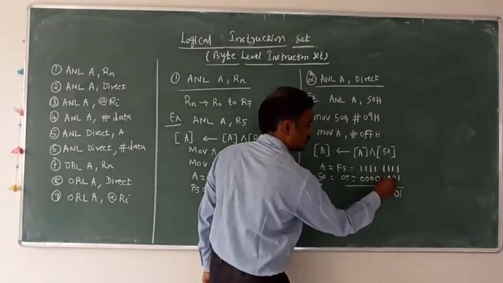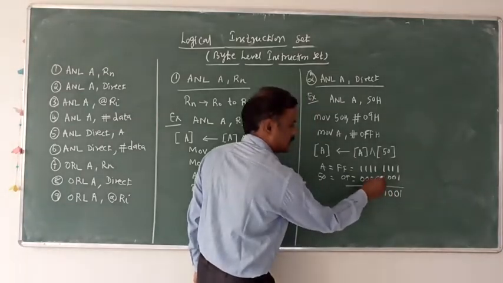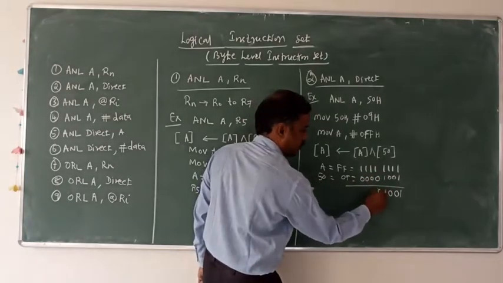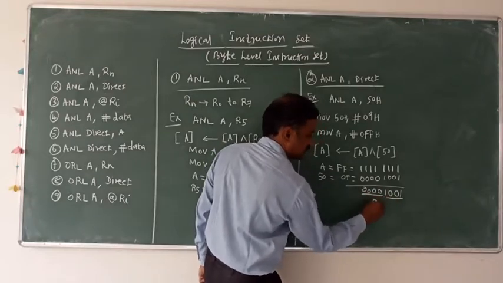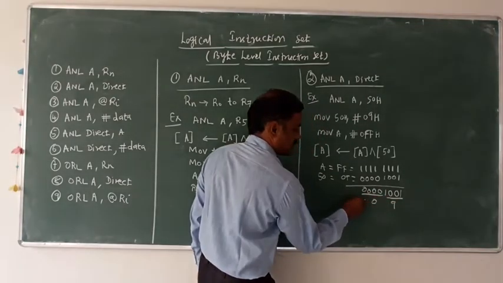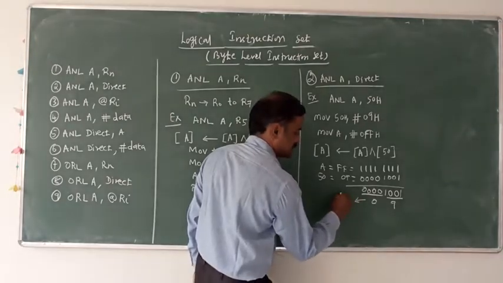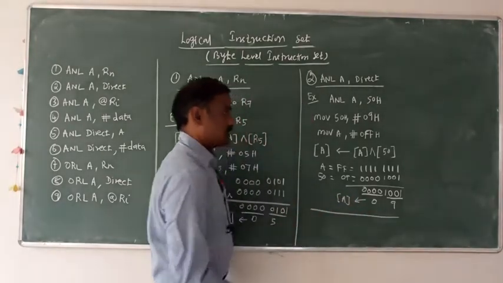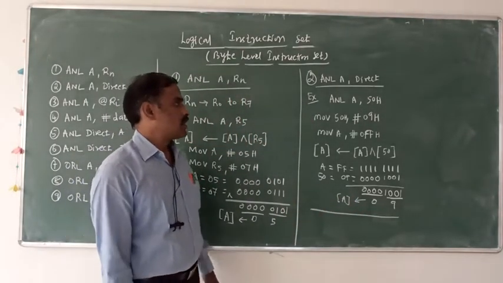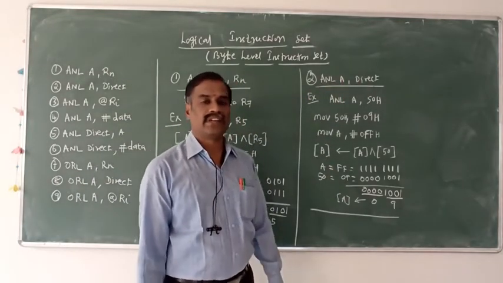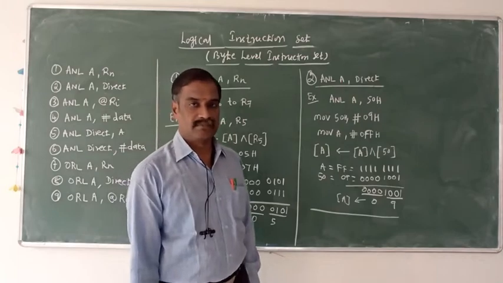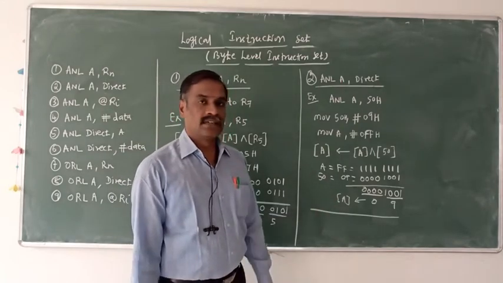This is low, output 0, and both are high, output high. Low means output is low. Now the result is 09. This 09 result moves to the A register itself. This is the operation of logically AND the accumulator with the given 8-bit memory address location. Now, this is the second instruction.